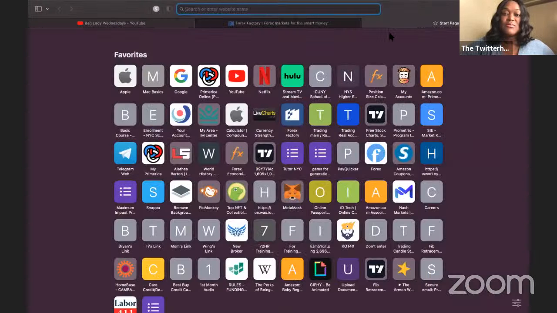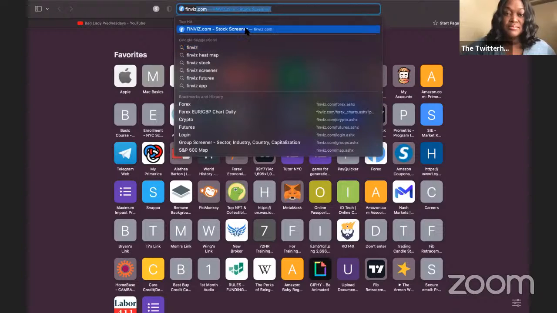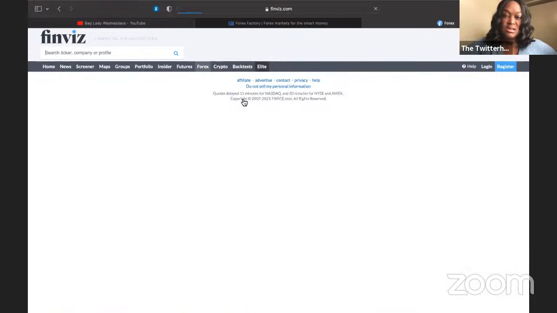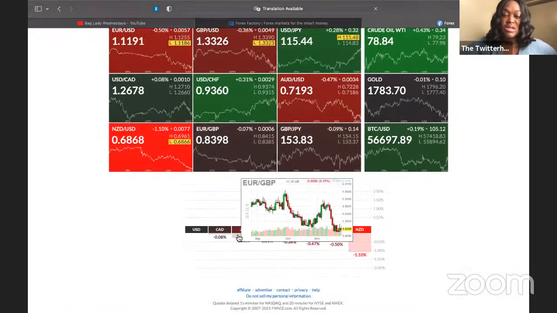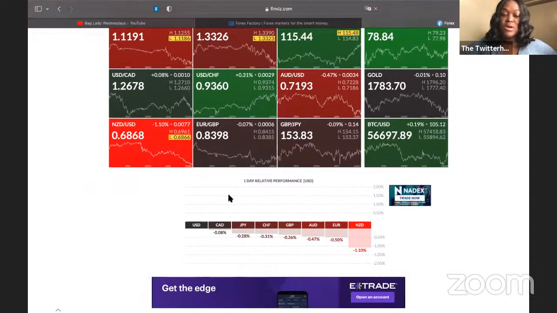And for that, I'm going to be looking at currency strengths. I'm looking at finviz.com there, and I'm going to select Forex. When it comes to the currency strength, we want to trade things with the greatest divide.